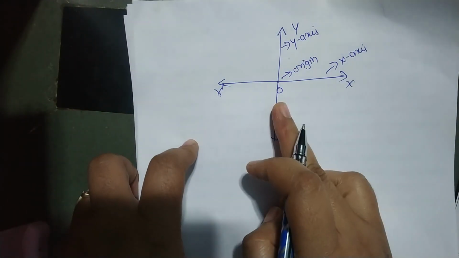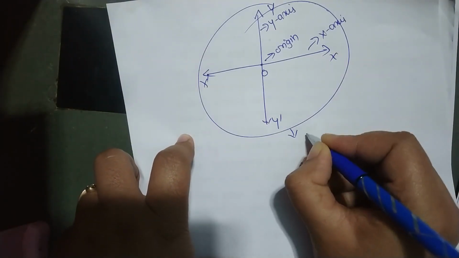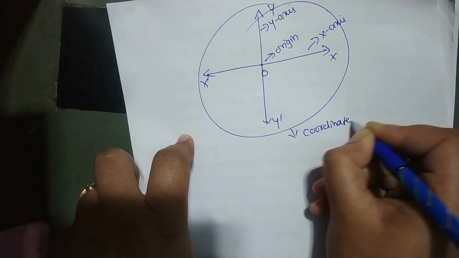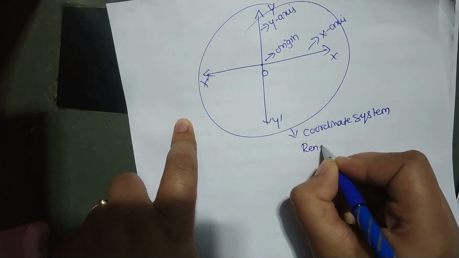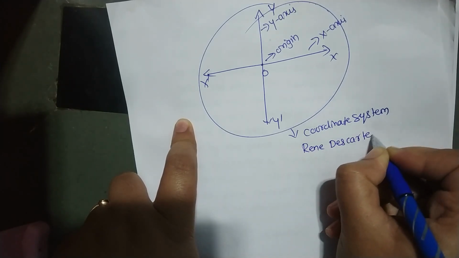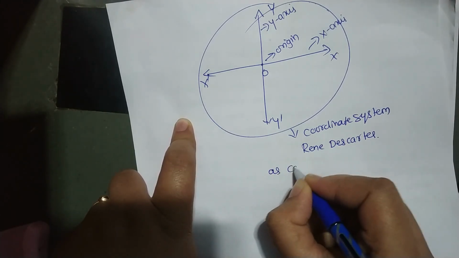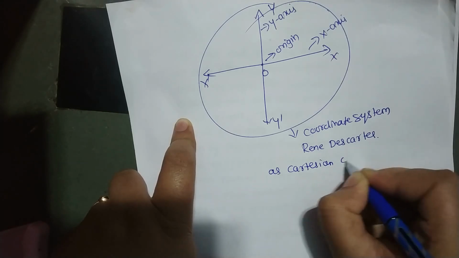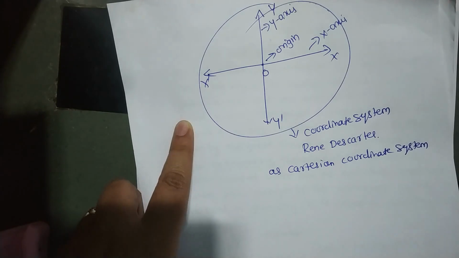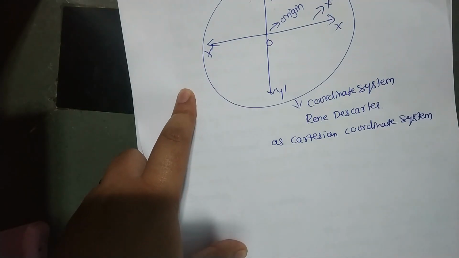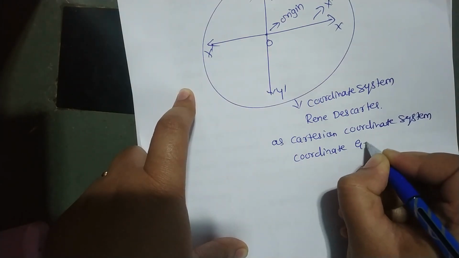The origin O together with the x-axis and y-axis is called a coordinate system, which was given by the great French mathematician René Descartes. Therefore the coordinate system is named after him as the Cartesian coordinate system. When the concepts of the coordinate system are used in geometry, it is called coordinate geometry, which is our heading.